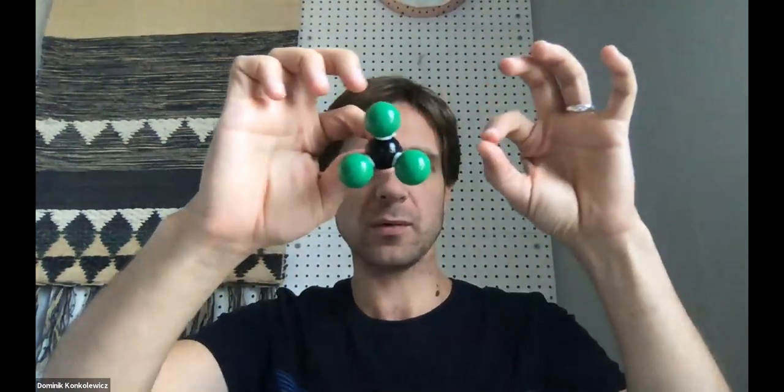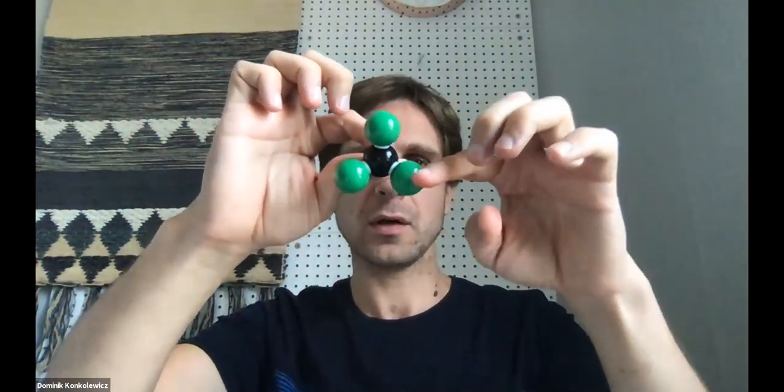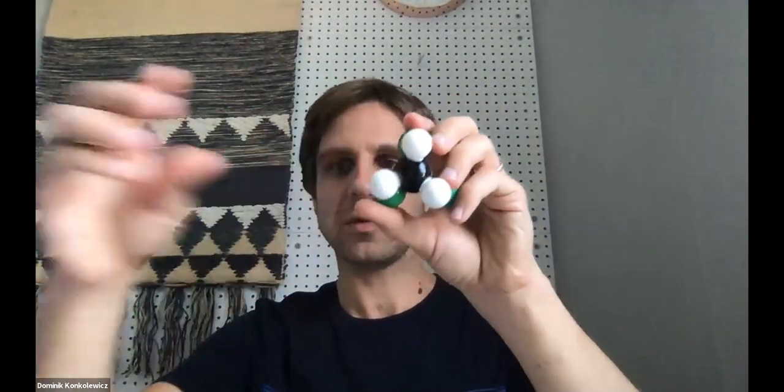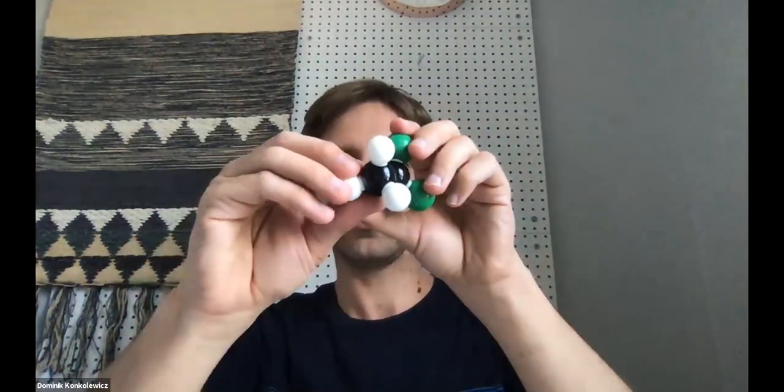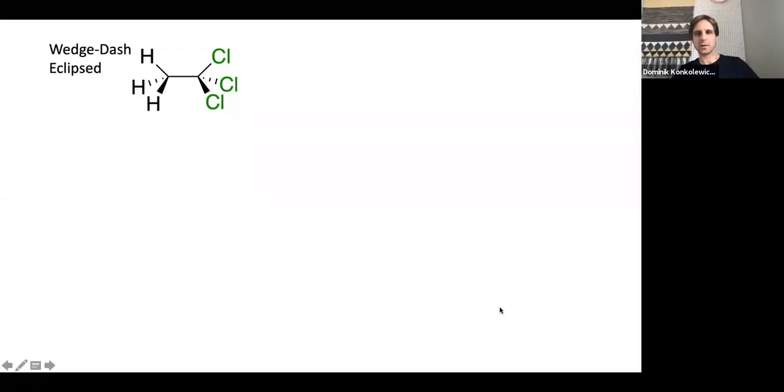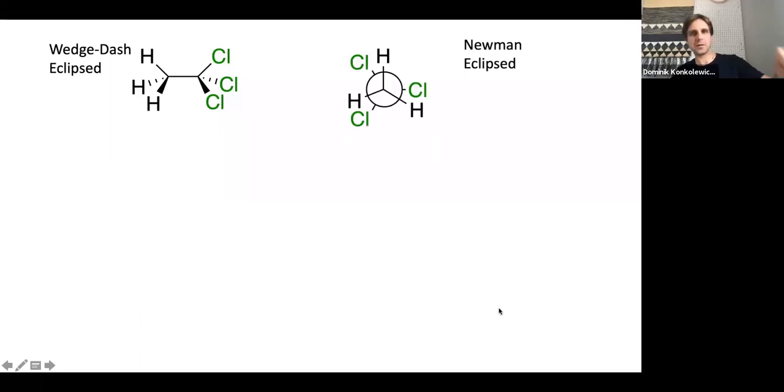The same is true if we go the other way around. We can see that the three CCl bonds line up with the orientation of the CH bonds, right? They are eclipsing each other. So if we do that in the context of a Newman projection, it looks a bit like this here, okay? The CH bonds are eclipsing the CCl bonds.